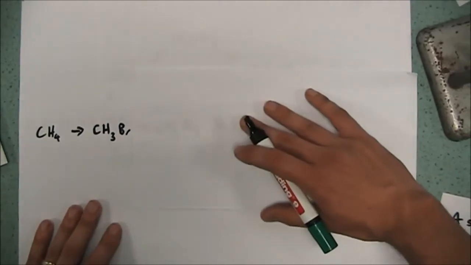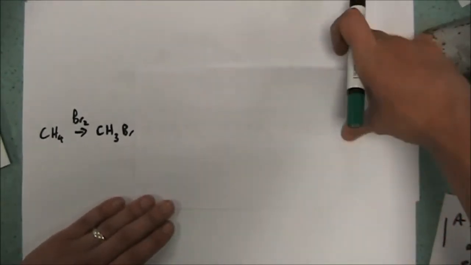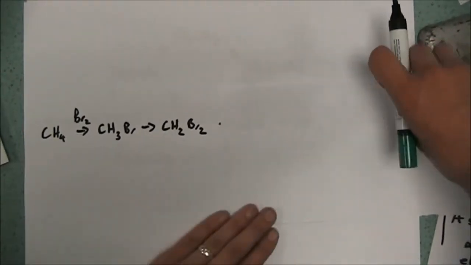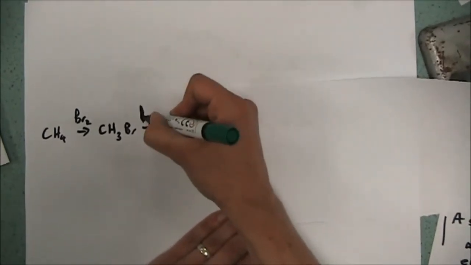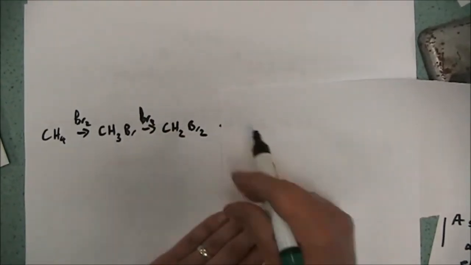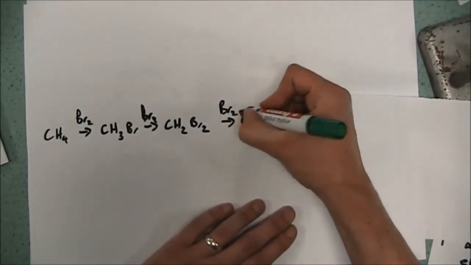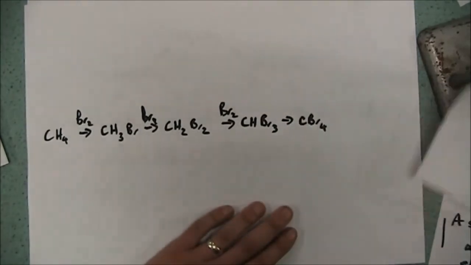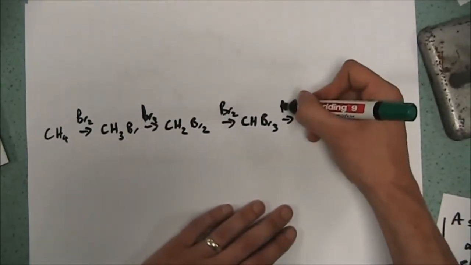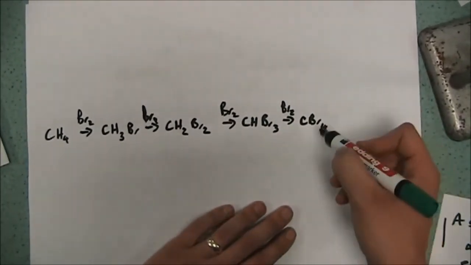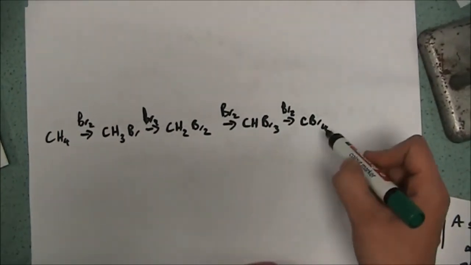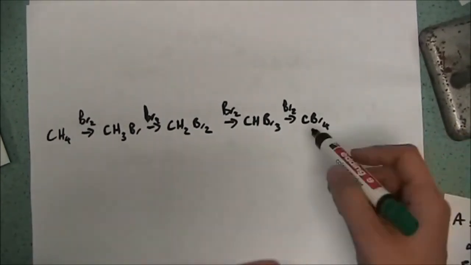In fact, if I start with methane and I add some Br2, I can make some CH3Br. If I add more Br2 to my reaction mixture, I can actually substitute twice. If I add even more, I can substitute 3 times, and if I add even more, I can substitute 4 times, and we can end up with tetrabromomethane.